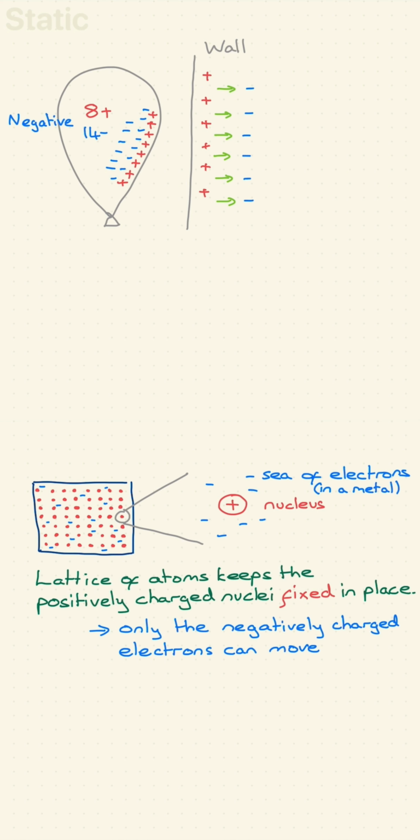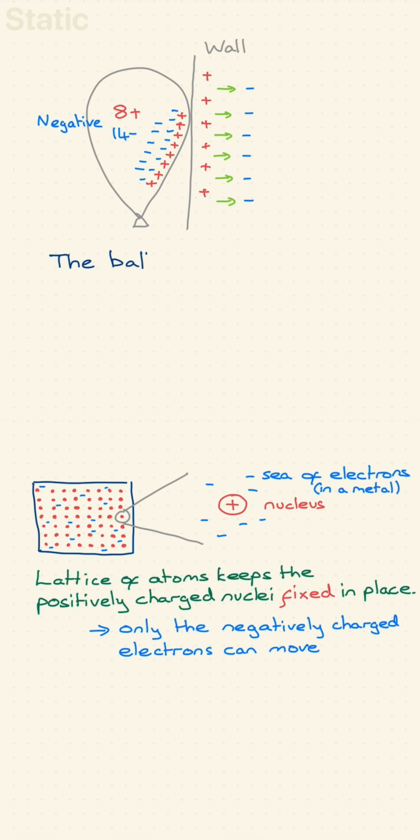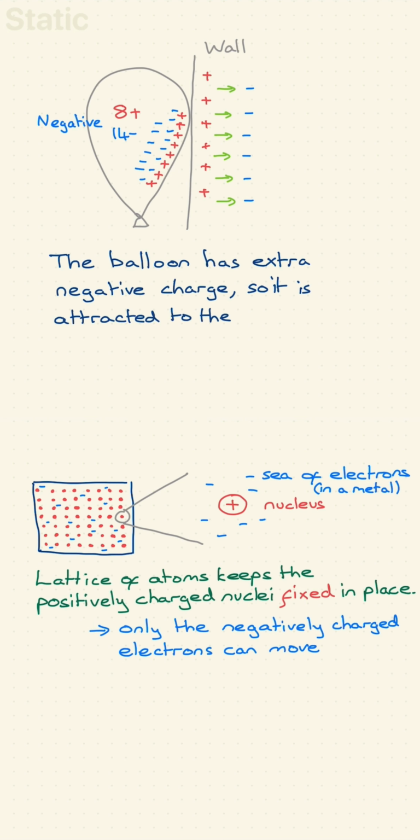It also attracts a positive charge in the wall, but the positive charge is fixed in the grid, in the lattice, so it cannot move. The balloon can move though, and it is attracted to the wall and sticks there. The excess charge in the balloon is attracted to the positive charge at the surface of the wall, and they stick together.